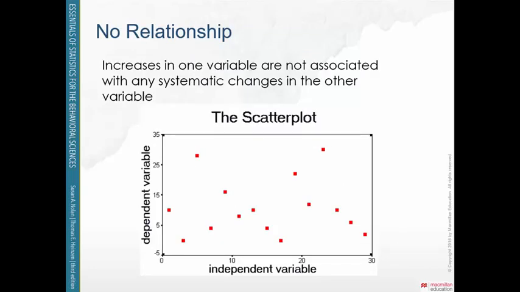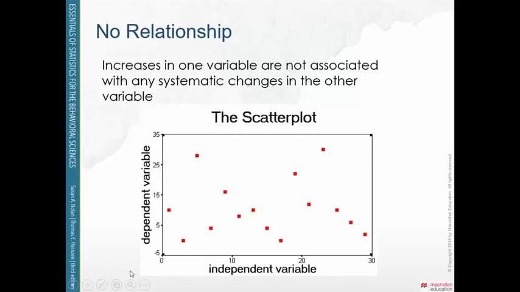Lastly, we might have no relationship between two variables, and that's possible too. In this case, your scatter plot would look like just a big random array of dots that have no pattern to them. Let's say this independent variable here is shoe size, and our dependent variable here is IQ.